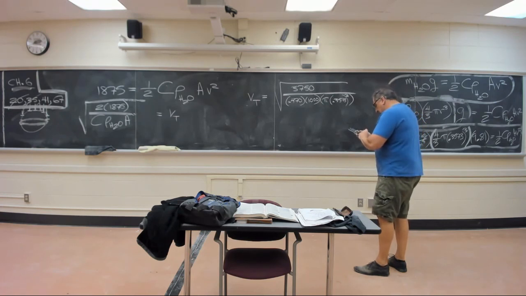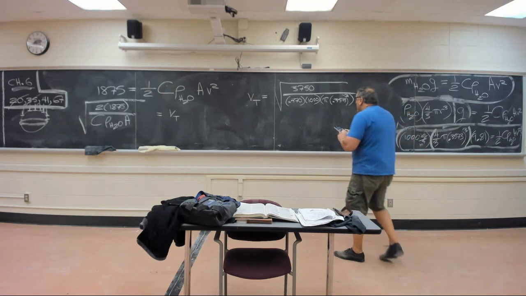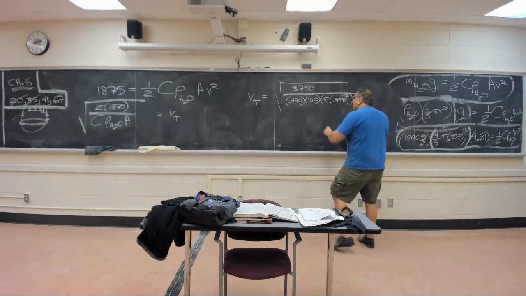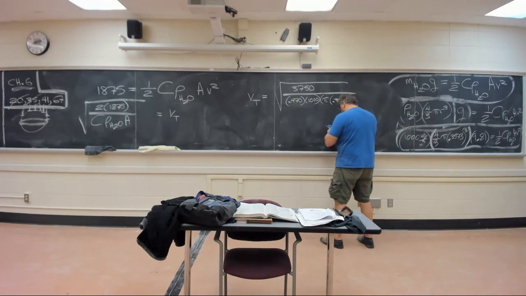Let's take 3750, and let's just go here. Let's just go. 1,000 times this is 40.